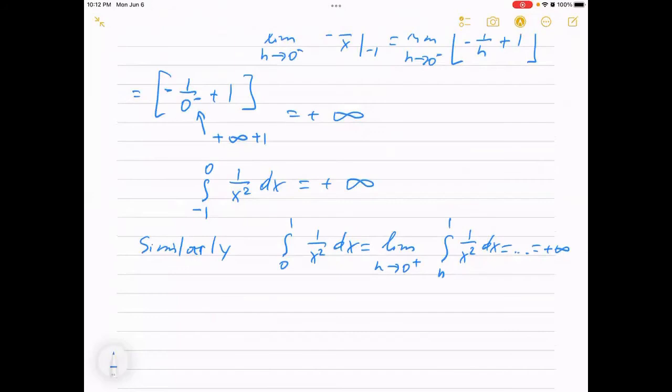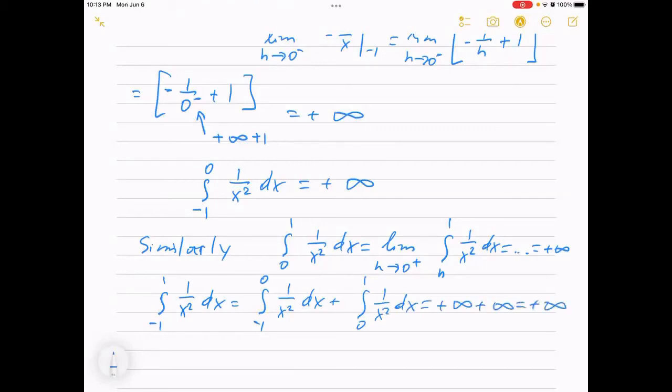So the integral from -1 to 1 of 1 over x squared dx equals the integral from -1 to 0 plus the integral from 0 to 1. The first equals +infinity, the second equals +infinity, so the total is +infinity. So the integral from -1 to 1 of 1 over x squared dx is divergent.